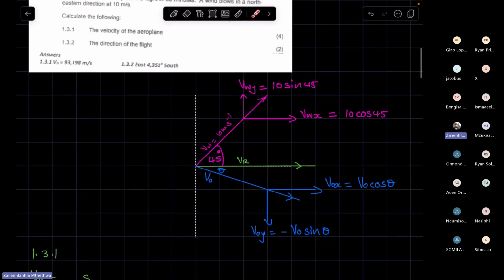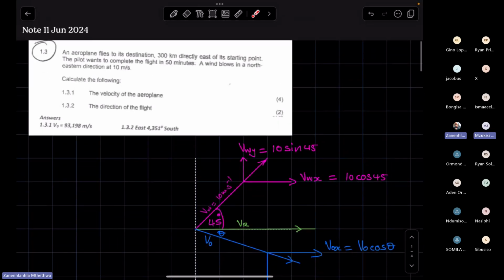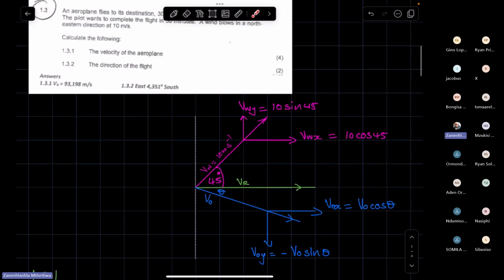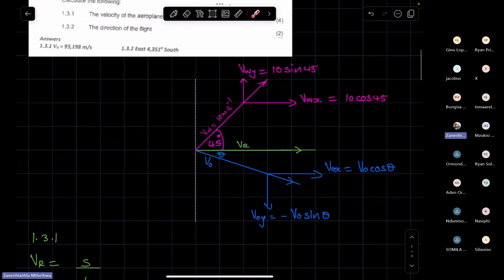Now, we have been told that our aeroplane, after flying 300 kilometers, must end up directly east. And we've been given the wind vector, where the wind is going. So we haven't been given the direction of the aeroplane, and we also haven't been given the original velocity of the aeroplane. So you then have to think about it practically.